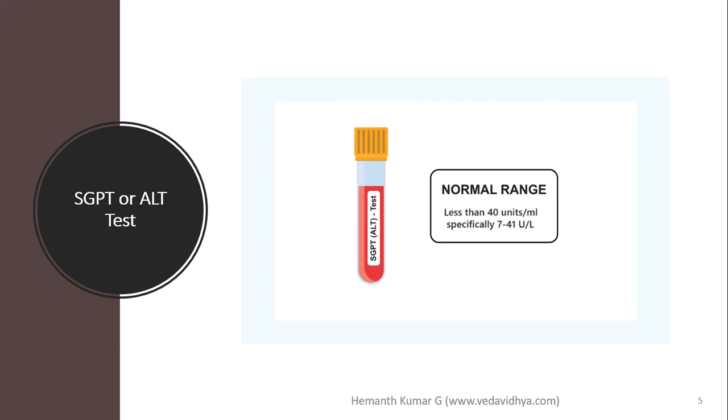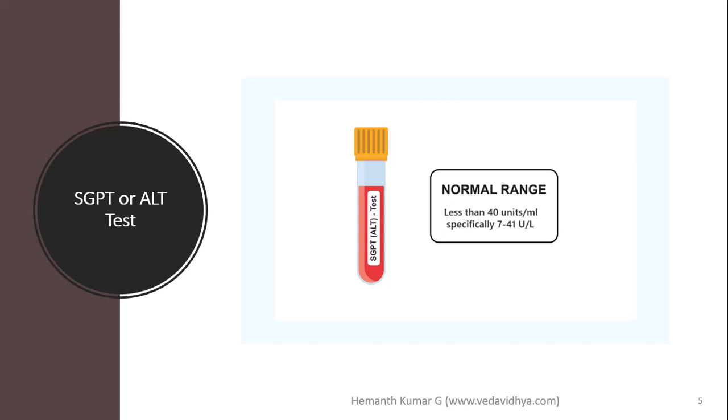ALT is an enzyme primarily found in the liver. Unlike AST, which is present in multiple organs, ALT is mostly concentrated in the liver. This makes it a more specific indicator of liver health.